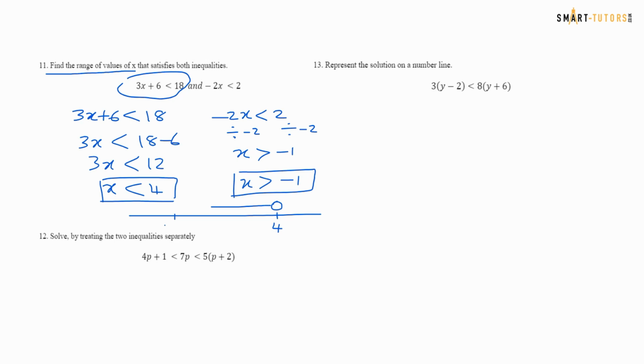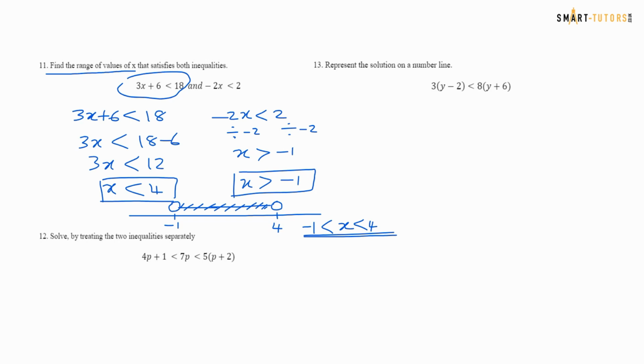Minus 1 somewhere here, with an uncolored bubble again, x is greater, so the right hand side. So these two inequalities can join together to form one final answer, which is minus 1 less than x less than 4, and that is the answer for question number 11.